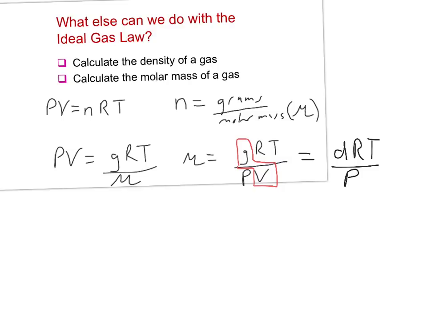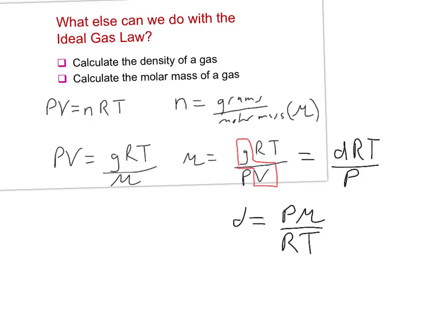But again, if you do algebra, you get d is equal to P times the molar mass divided by RT.